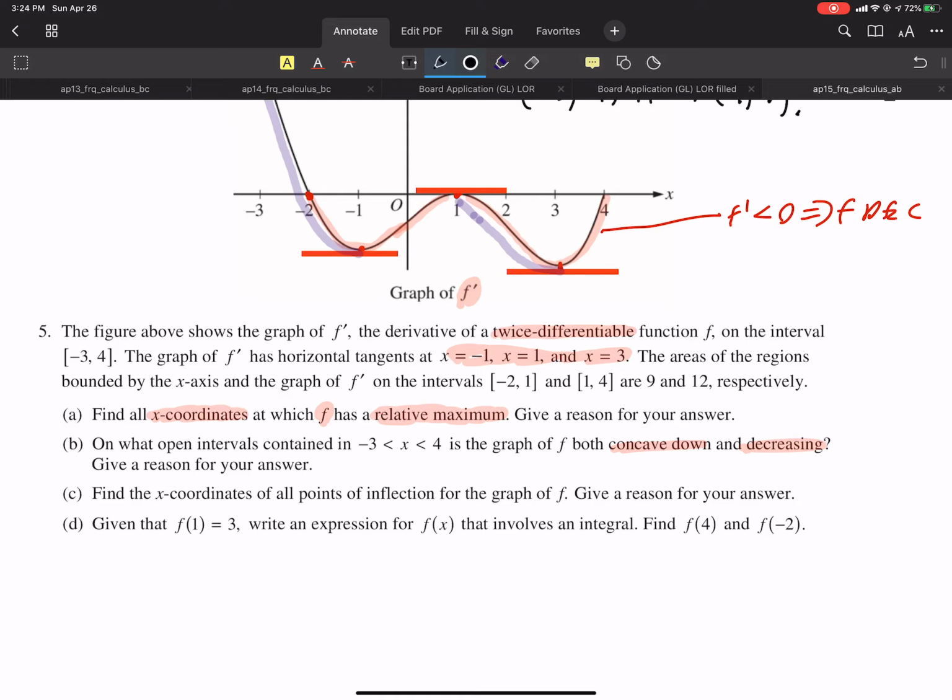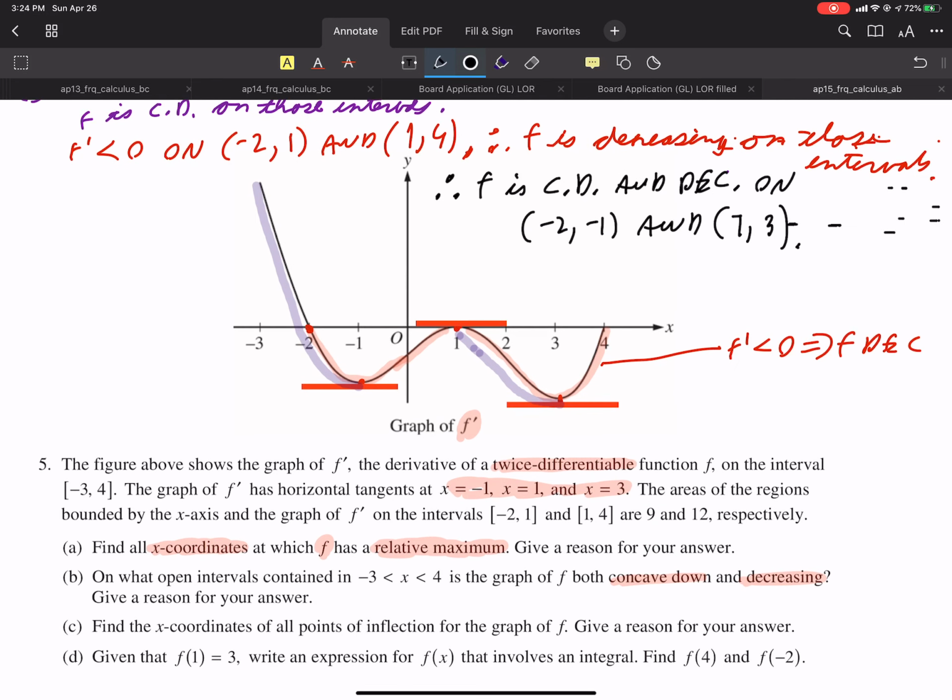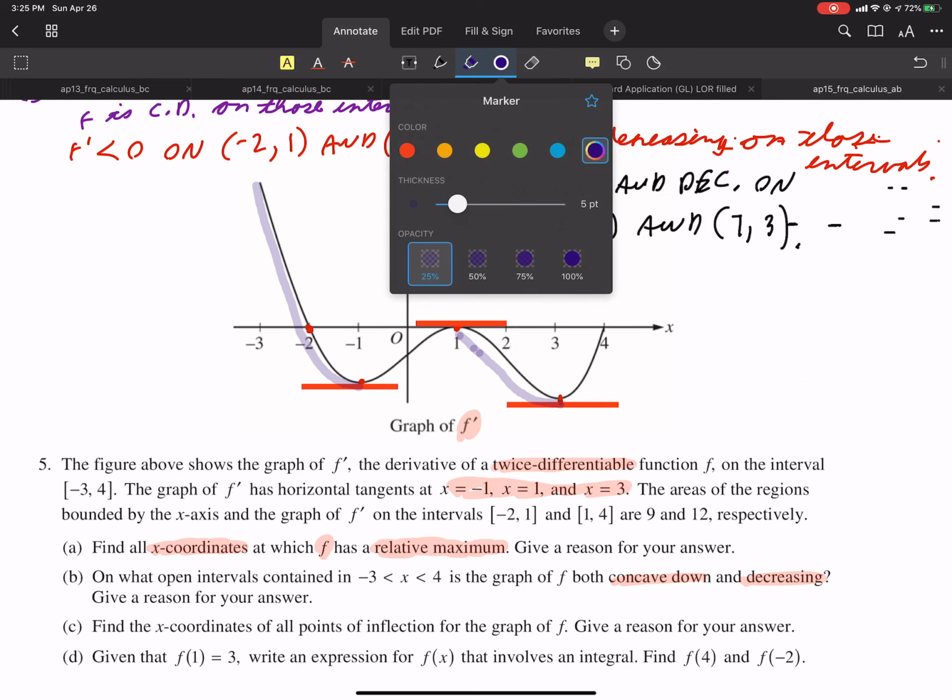Part C, points of inflection. Okay, this is good news. We're going to save some of our work from part B. These regions I have here, we already determined that's where f is concave down. So let's pick another color.